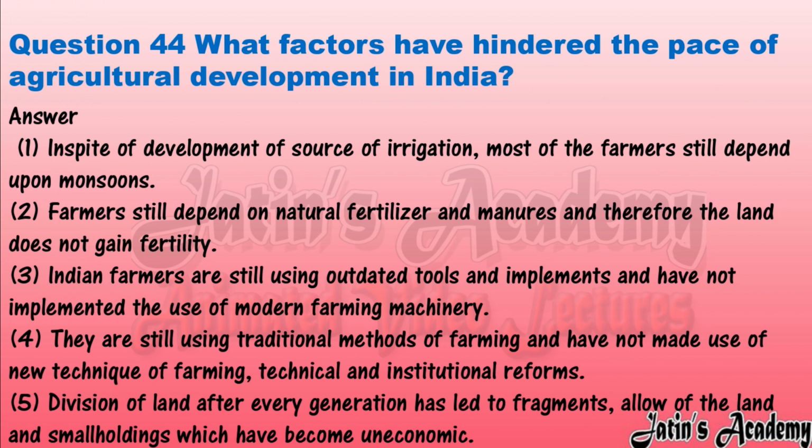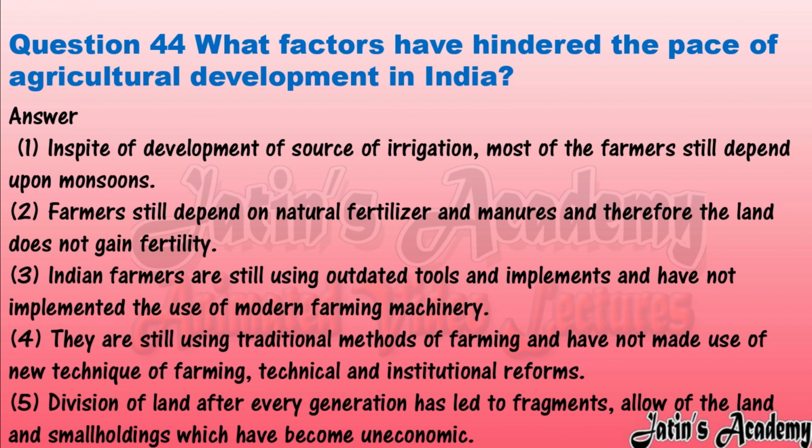Question 44. What factors have hindered the pace of agricultural development in India? Answer. 1. In spite of development of sources of irrigation, most of the farmers still depend upon monsoons. 2. Farmers still depend on natural fertilizer and manures, and therefore the land does not gain fertility. 3.